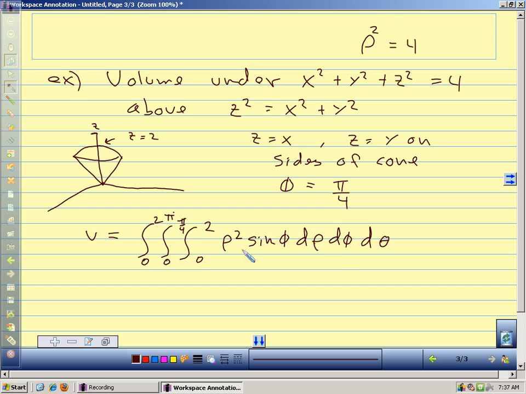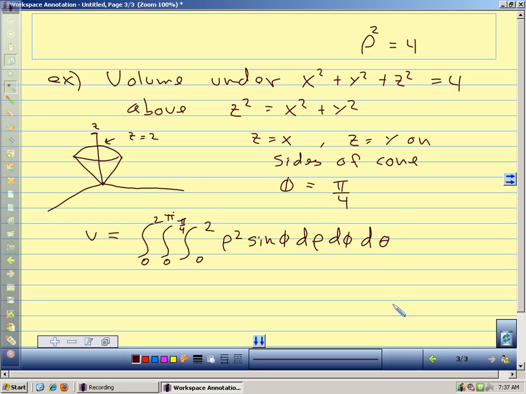And this integral is about as easy as integrals get. Yes? Can you only find rho if you have the equation? Well, you have to come up with some kind of expression for rho, so you'd have to be able to figure it out somehow.